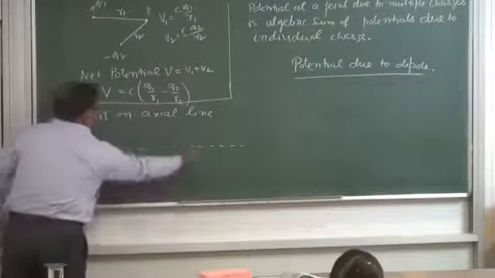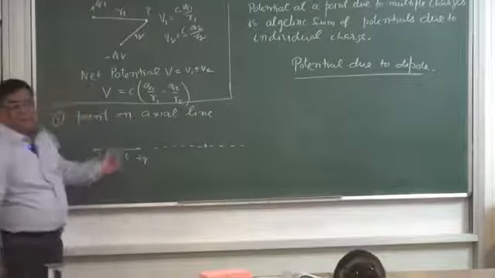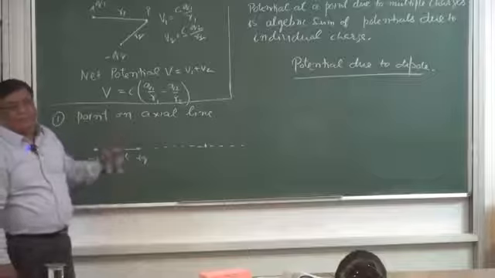On this axial line there is a point here, and this point is at a distance r from the dipole. When we say r from the dipole, that means from the center of the dipole.